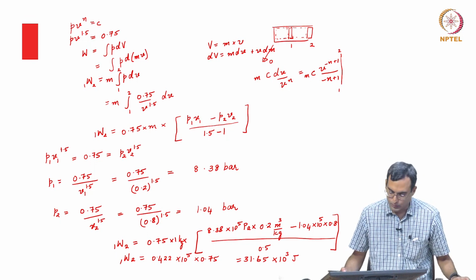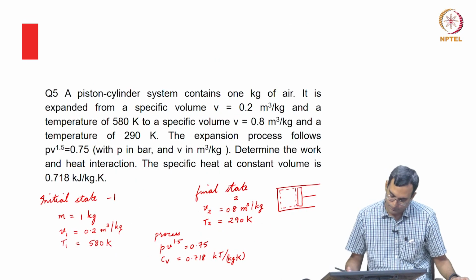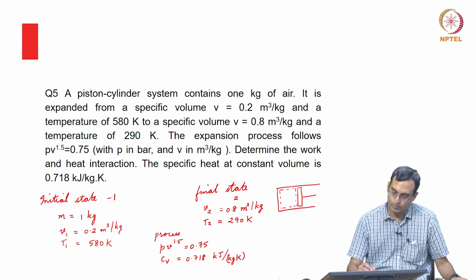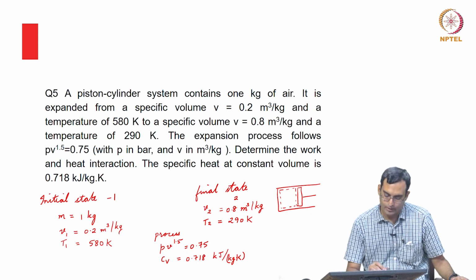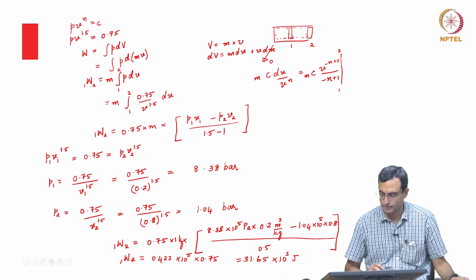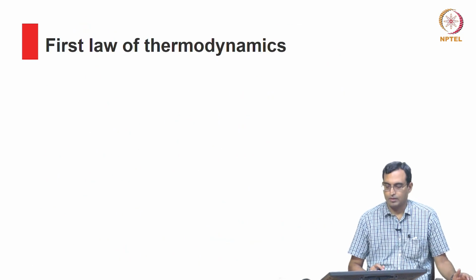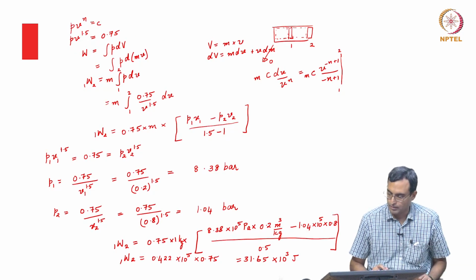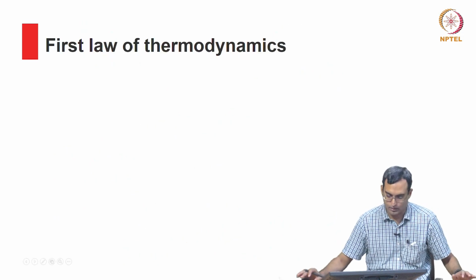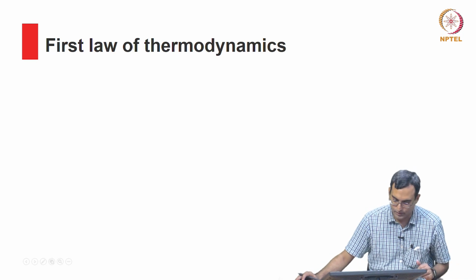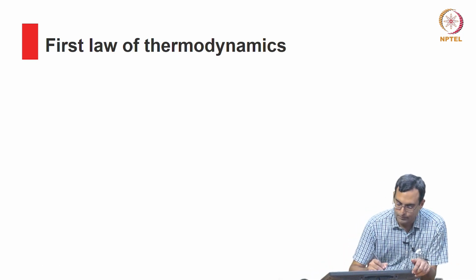So, we were asked to find out the work interaction, which we have done. We are also asked to find out the heat interaction. So, we are using the first law of thermodynamics for this problem.